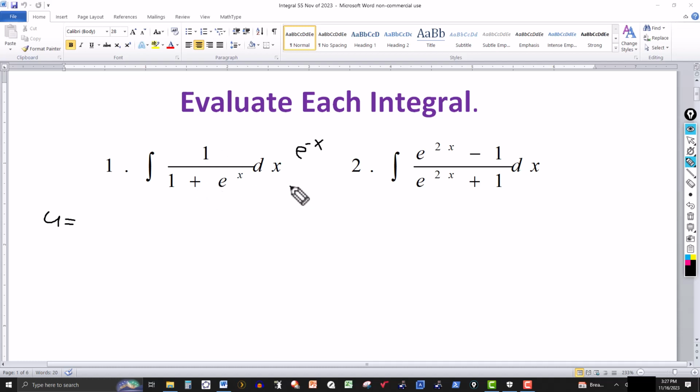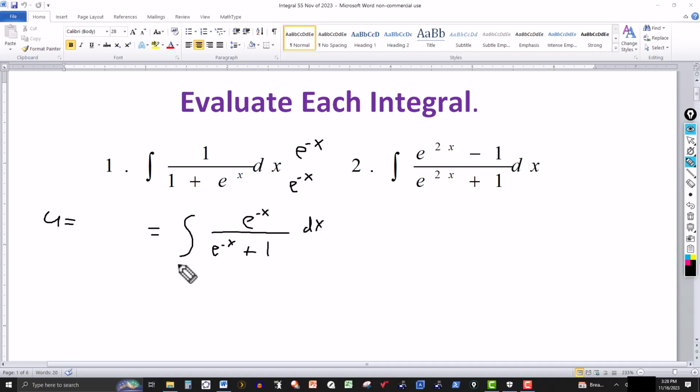So I'm multiplying by e to the minus x, numerator and denominator. This will give me an e to the minus x in the numerator. Then here it'll be e to the minus x times 1 is e to the minus x, and e to the minus x times e to the x is 1, because that gives me e to the 0. This will be a dx here.